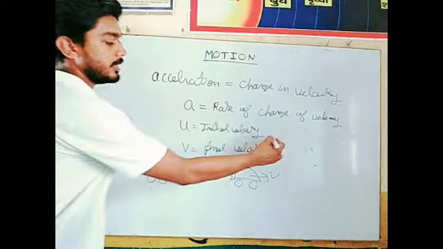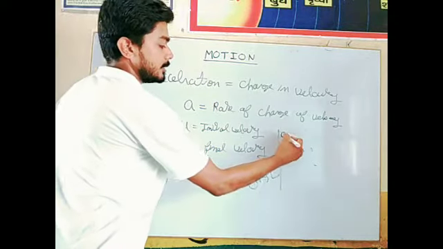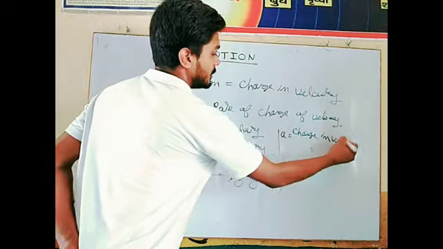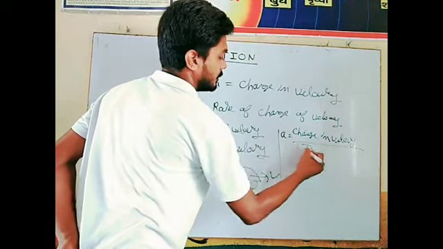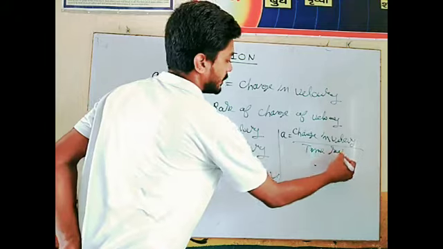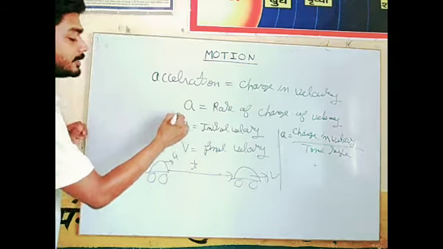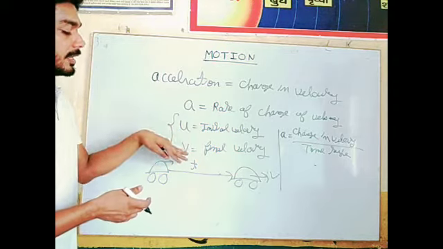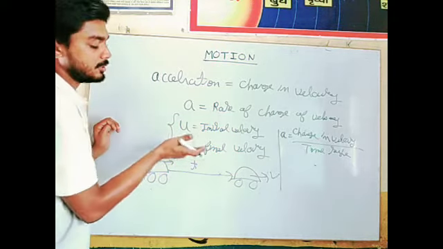You will write the formula: acceleration is equal to change in velocity upon time taken. And you all know how you can find the change. To find the change, you always subtract initial from final.